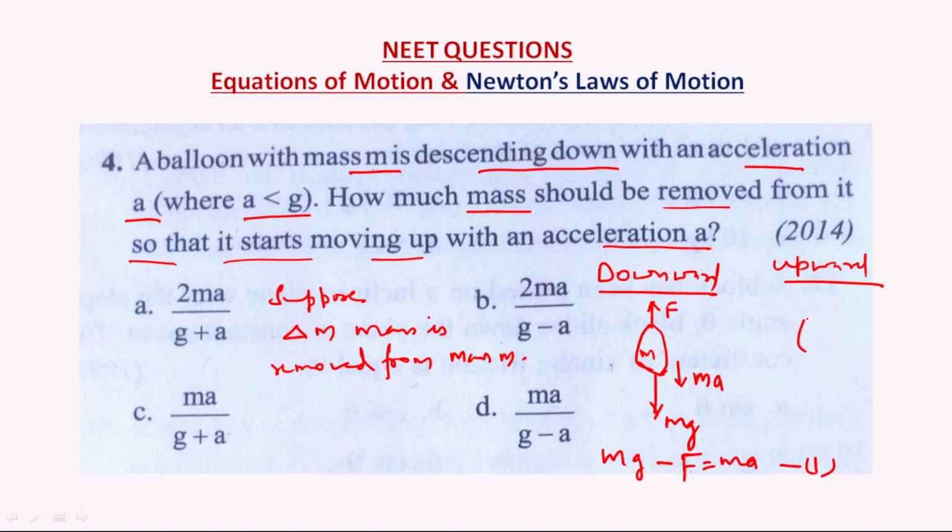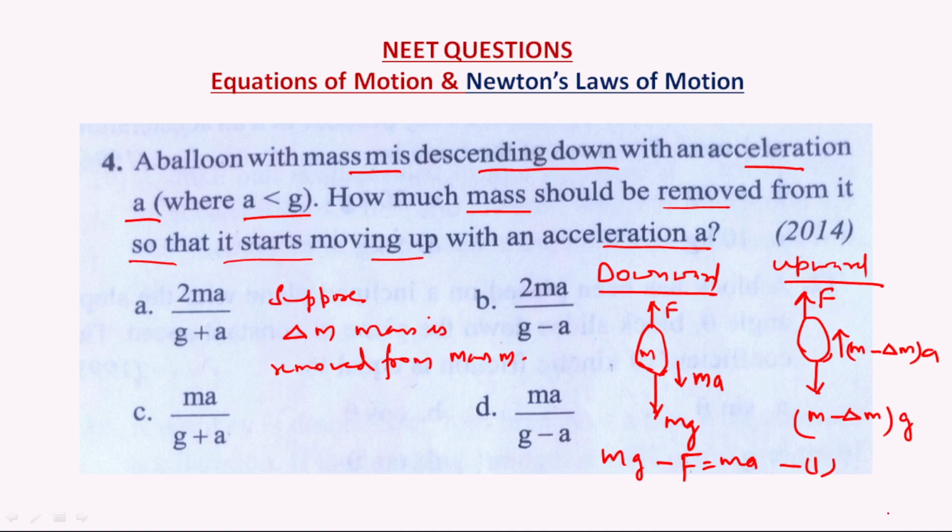So again, the free body diagram for this balloon: mg is acting downward, no doubt, but the buoyant force has become greater and acceleration will be in the upward direction. Because mass is removed, the mass becomes m minus delta m, so the weight is m minus delta m g and the force is m minus delta m a.